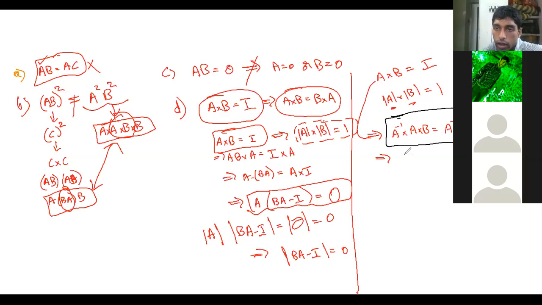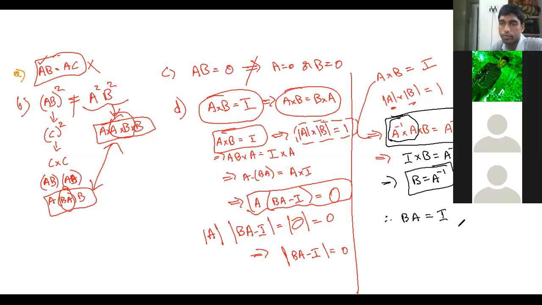And after that, you can tell A inverse into A is I. So I into B is equal to A inverse, which implies B is actually the inverse matrix of A. If B is the inverse matrix of A, hence we can tell B into A is also I. Yeah, this is a perfect proof. Actually, this is the definition of inverse of a matrix.